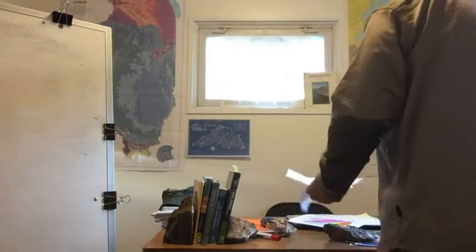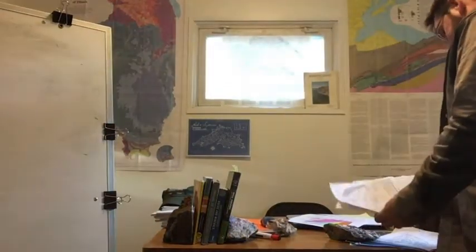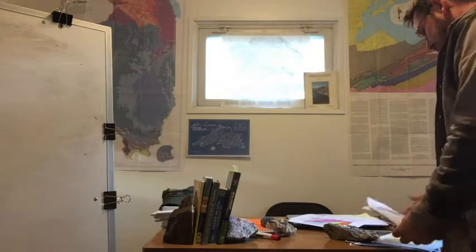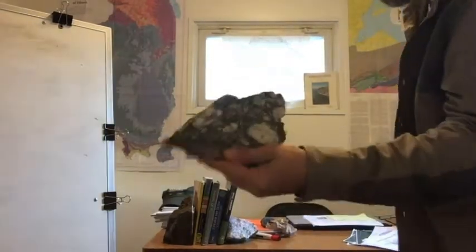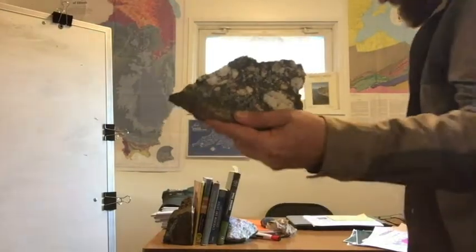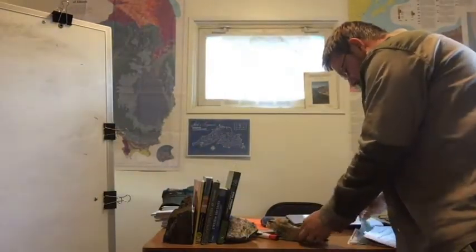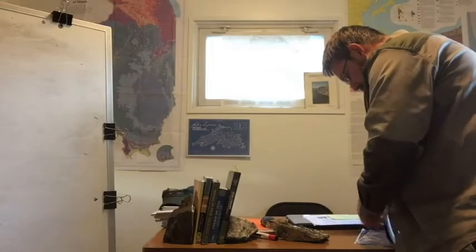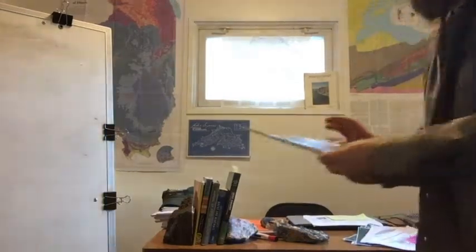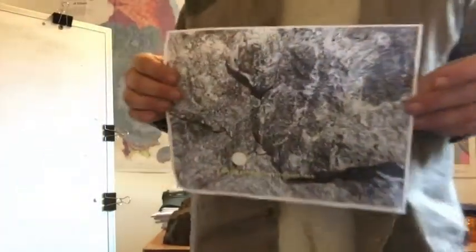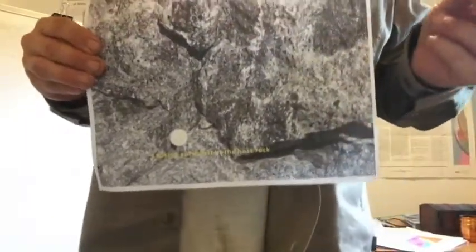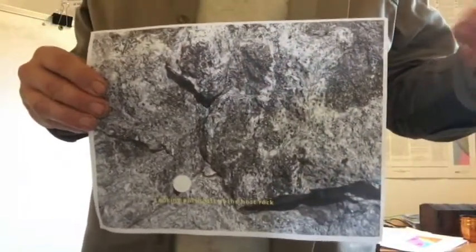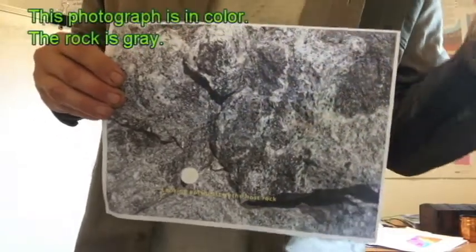Now, the thing with tonalites is when we look at a rock like this, we don't think tonalite. We just don't. The host rock is more conducive. It's actually a migmatite. A migmatite is a rock that's undergone so much heavy metamorphism that it partially melts.